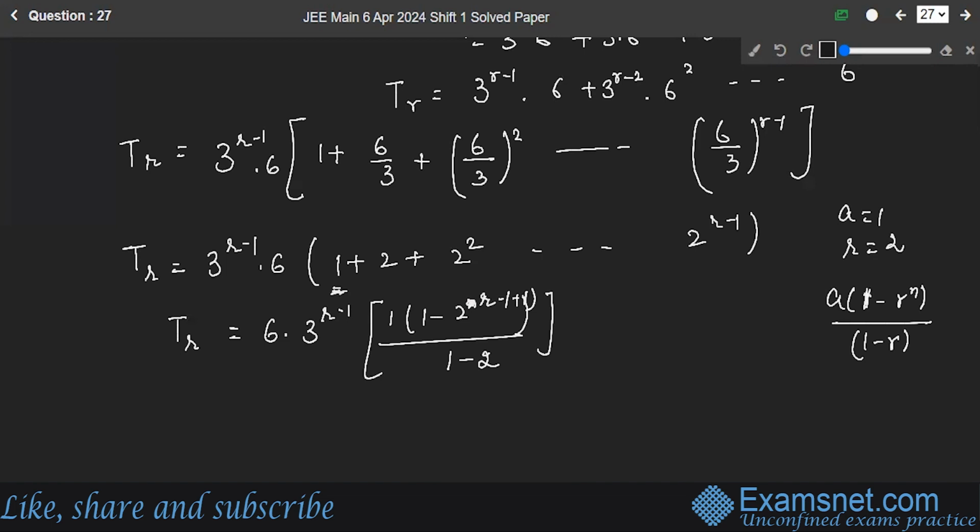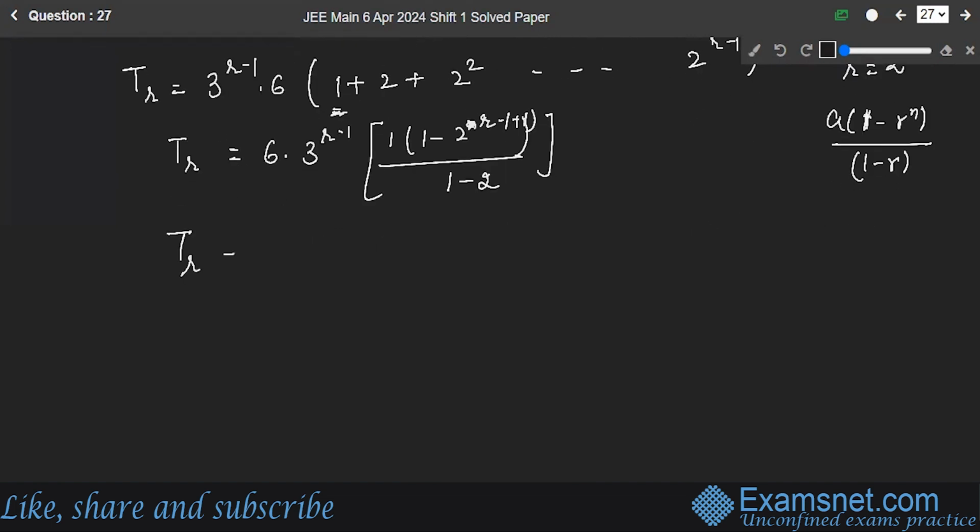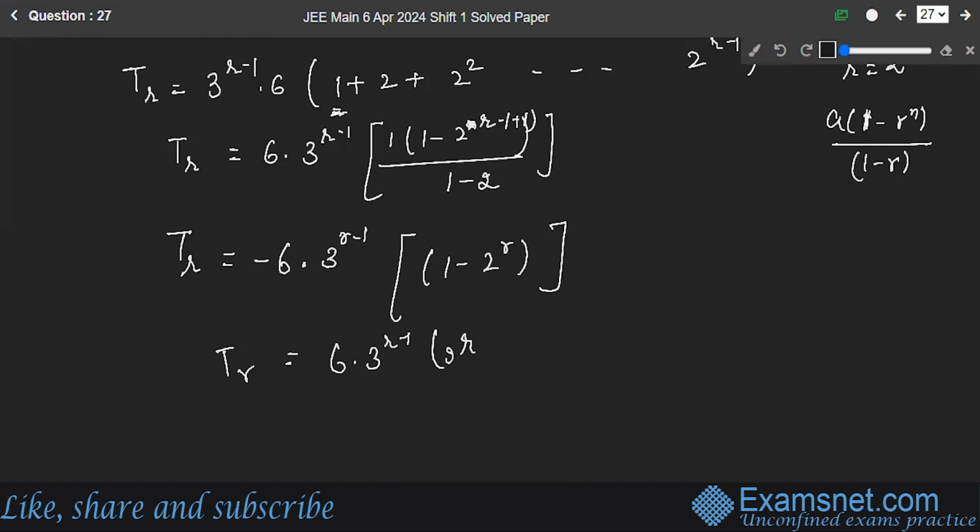Okay, that is why. So this will be Tr is equal to 6 into 3 raised to power r minus 1, and here will be minus 1, minus will go outside, and this will be 1 minus 2 raised to power r. Okay, so Tr is equal to 6 into 3 raised to power r minus 1 into 2 raised to power r minus 1, or Tr is this upon, like I can write down 3 in the denominator, into 2 raised to r plus 1, right?